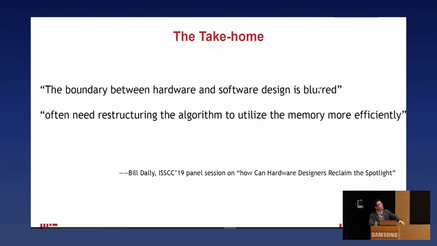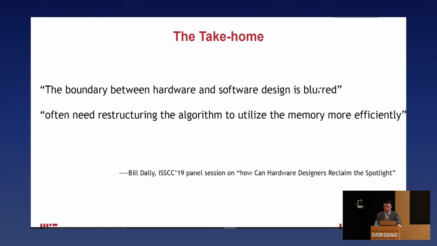So often we need restructuring the algorithm to utilize the memory efficiently, right? So in this TSM work, we are just restructuring to find a new software primitive to do the temporal modeling that has less access to the memory, and we don't need any weight. It's 0 parameter. You don't need to store those weights at all, which can utilize the memory efficiently and reduce the memory bandwidth.